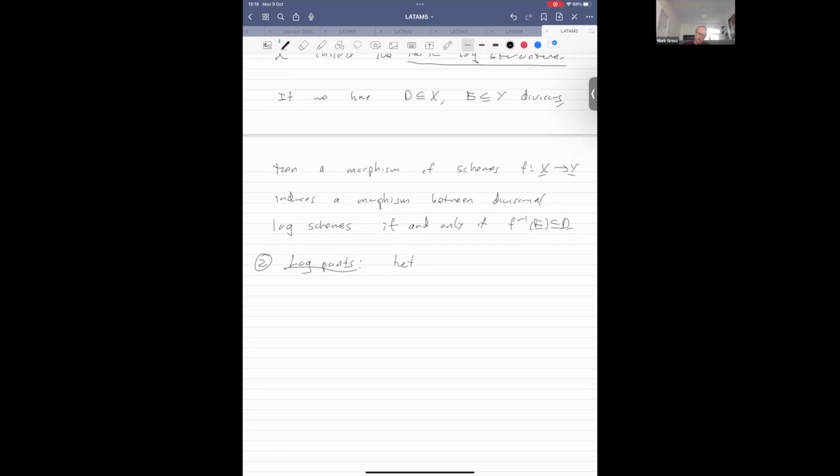Let Q be a toric monoid. This is the sort of monoid that appeared when we were talking about toric varieties, i.e. Q is equal to sigma intersect Z to the N for sigma contained in R to the N a strictly convex rational polyhedral cone.